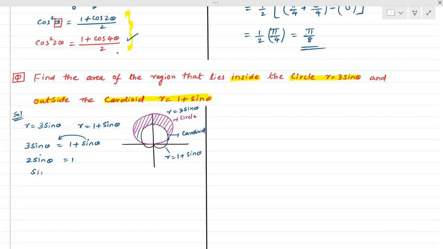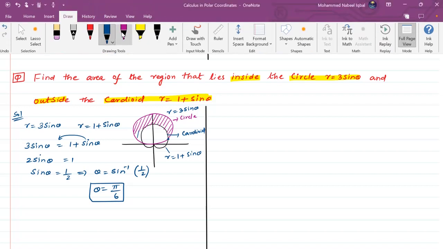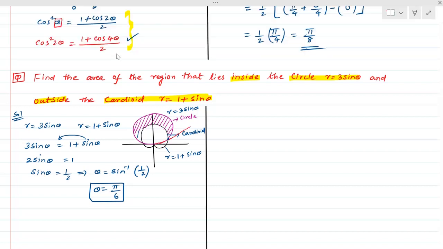If you divide by 2, you will get 1 over 2, which in turn implies theta is equal to sine inverse of half. What is sine inverse of half? It equals 30 degrees, so it is pi over 6. So one of the angles I got is pi over 6. This is the first angle.